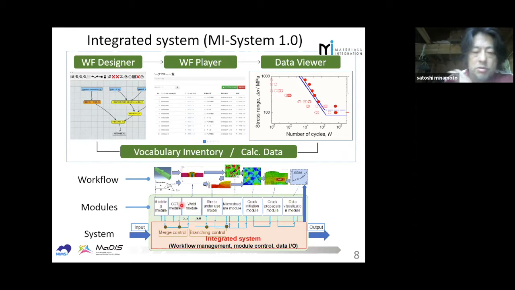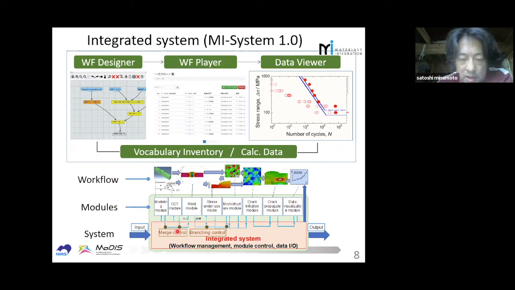So here the researchers consider the process to calculate the crack propagation program, I mean the stress number curve, fatigue life limit, to build the connection of each module and how the data is passed.